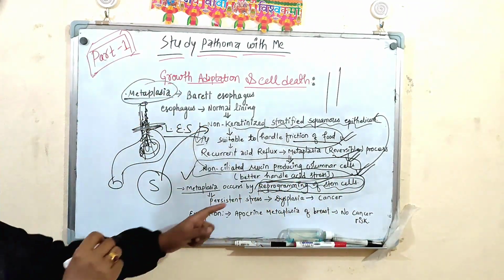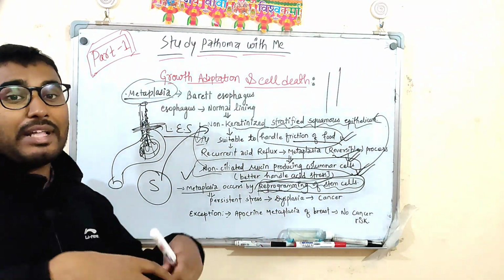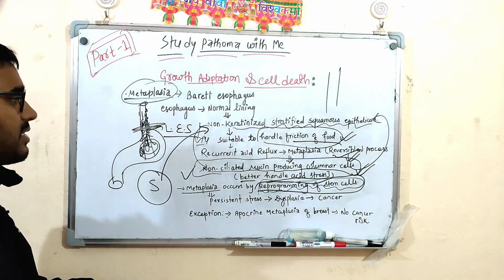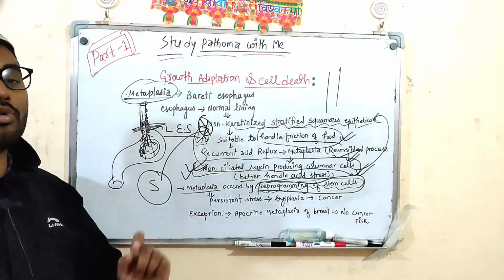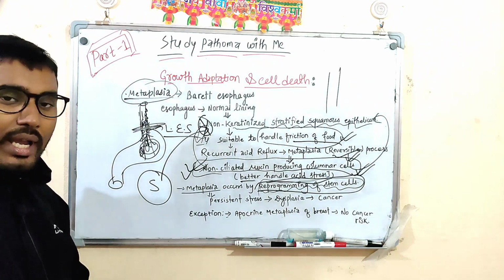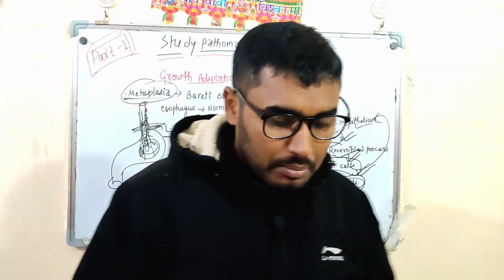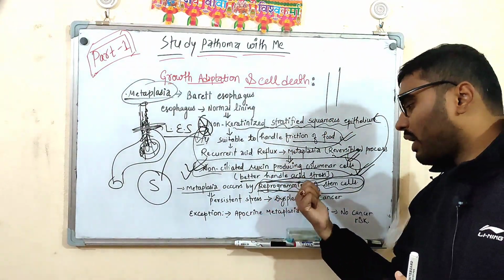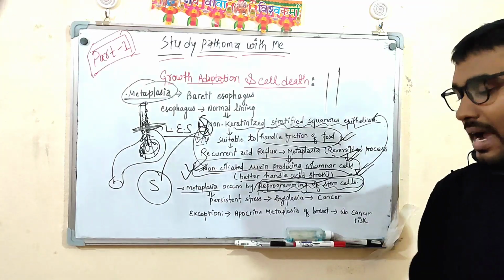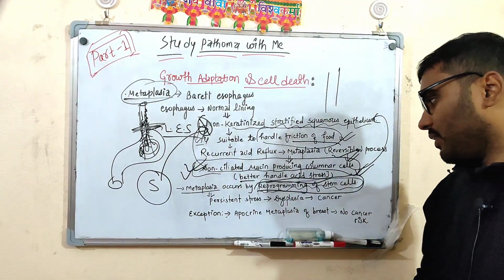Reprogramming means the program has changed. So now it will not form the non-keratinized cells, it will form the non-ciliated mucin producing columnar cells. Metaplasia occurs due to reprogramming of the stem cells, guys. It will be asked in MCQ: what is the reason for metaplasia? It is reprogramming of the stem cells.